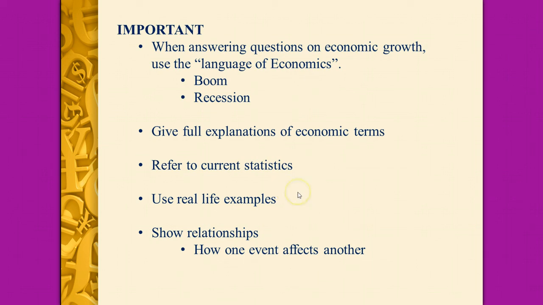So if you're using how climate can affect certain things, talk about Cyclone Yasi, talk about the bananas, use real life examples and always show the relationship, how one event affects another. So the cyclone affected the bananas, that's affecting supply. Well, you know what? That may have also increased demand for apples, things like that.